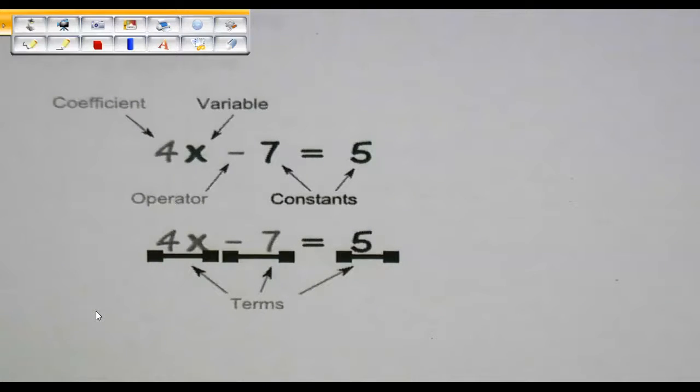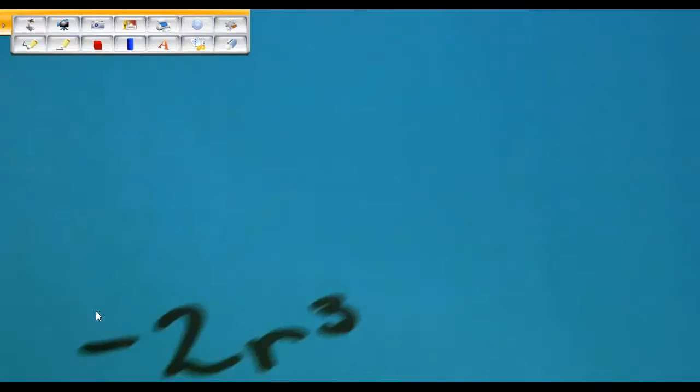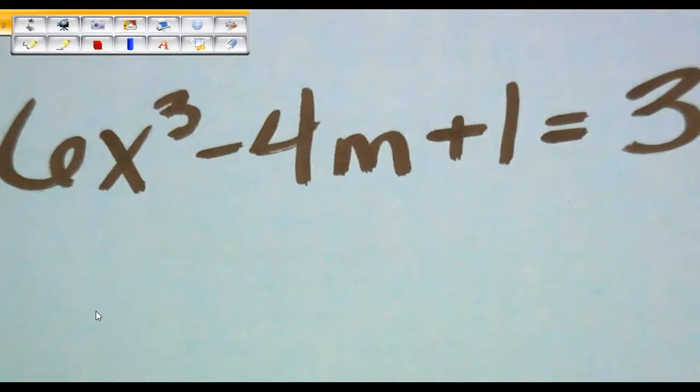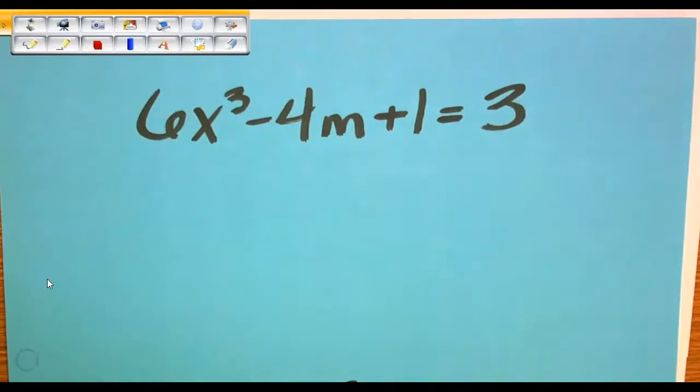So let's go ahead and look at an example. So I have 6x cubed minus 4m plus 1. I want to label the parts of this equation. So first we're going to start with our variables.